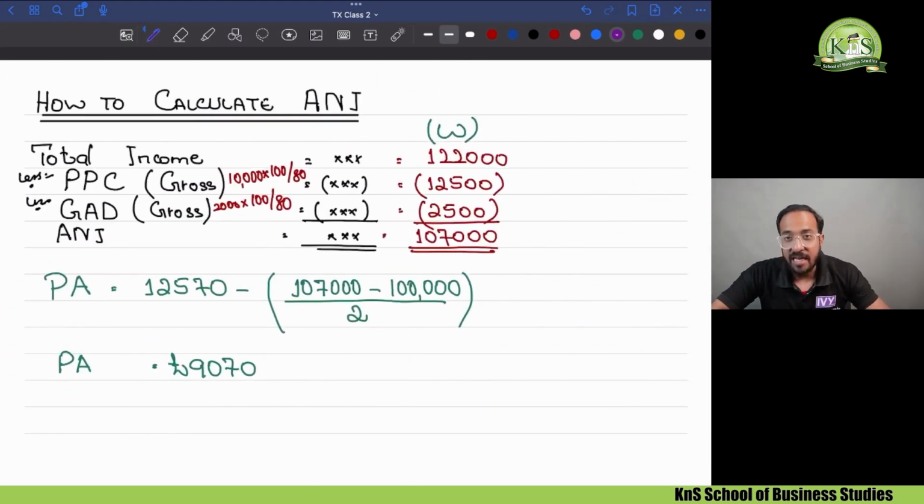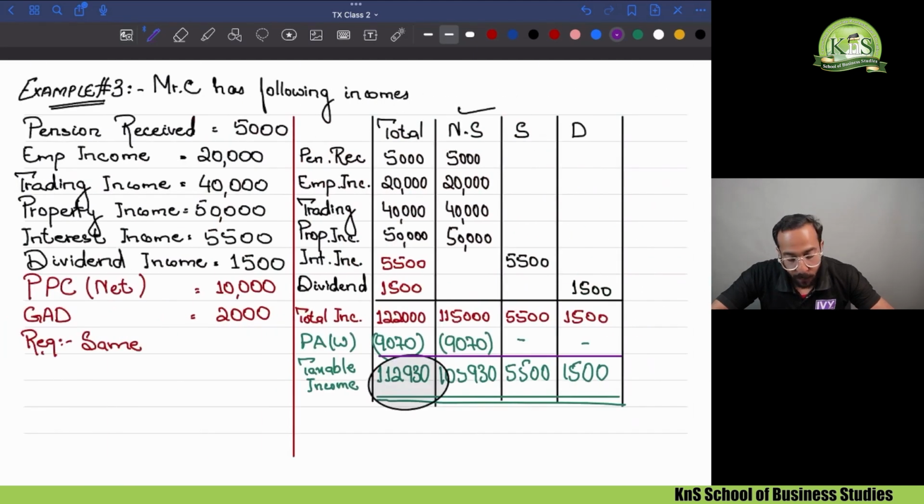First, PPC and gift aid donation are used in the working of ANI. Both are used for ANI. If it were not here, your personal allowance would be less than this. So first thing, whenever you have PPC and gift aid donation in the question, find out adjusted net income.